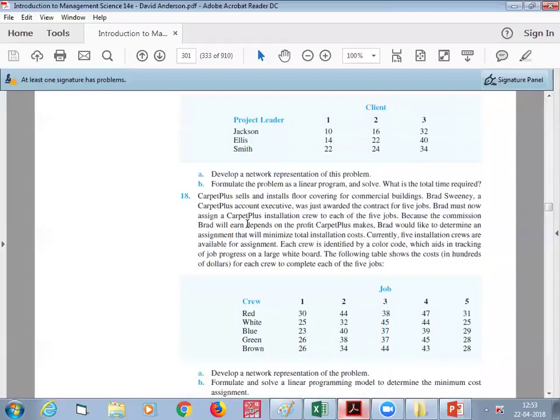Because the commission Brad will earn depends on the profit Carpet Plus makes, Brad would like to determine an assignment that will minimize the total installation costs. Currently, 5 installation crews are available: red, white, blue, green, and brown. The following table is the cost here. So we want to minimize the total cost of assignment.